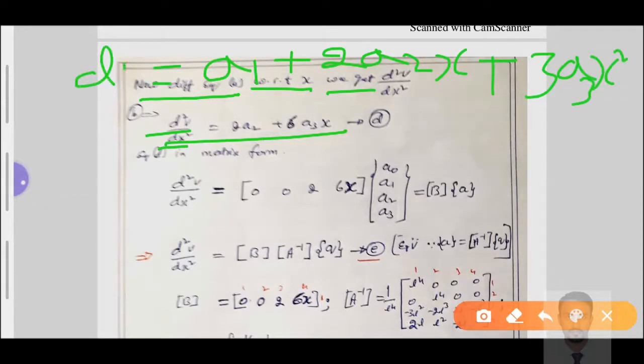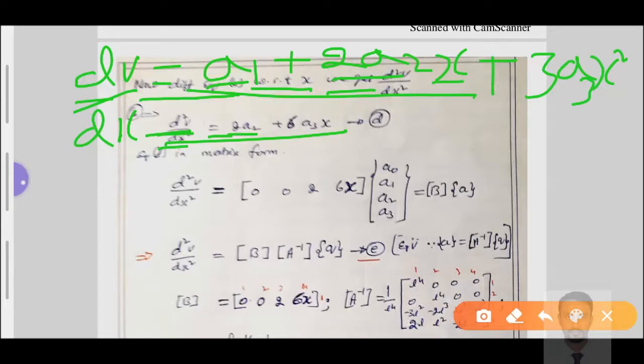This is dV by dx. Differentiating this equation again with respect to x, d square V by dx square is equal to A1 constant becoming 0, 2A2 x becoming 2A2, plus 3A3 x square becoming 6A3 x.